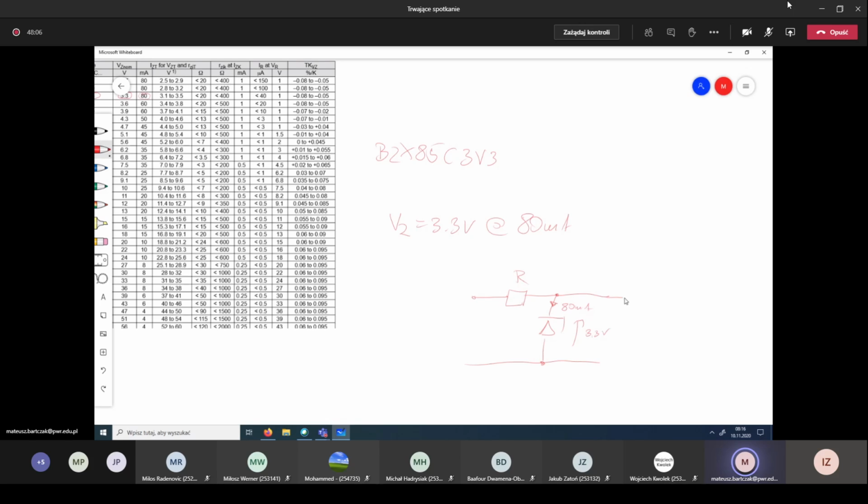And of course, when we connect some load, for example, let's say our load current is equal to 100 milliamps, then through this resistor will flow 180 milliamps. And in a situation like that, we will always have 3.3 volts.